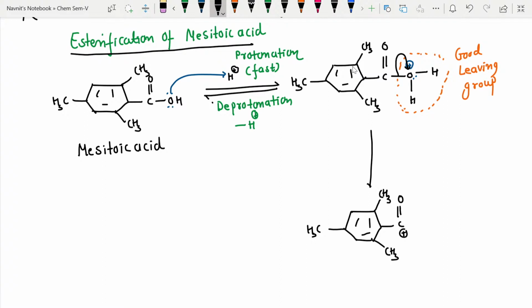So by elimination of a water molecule, we form this stable intermediate, and this is the rate determining step.